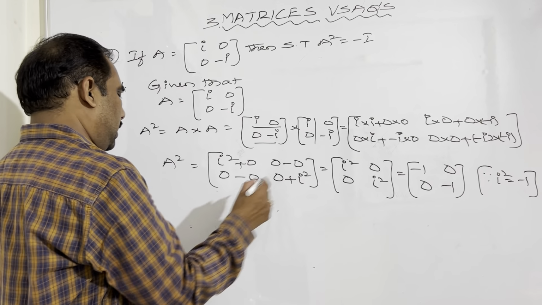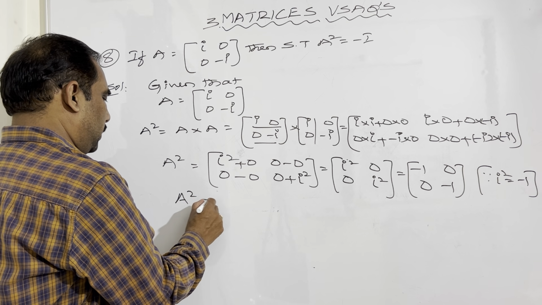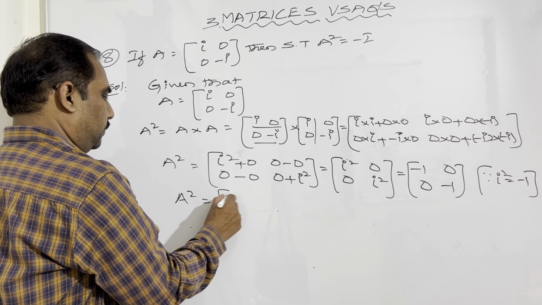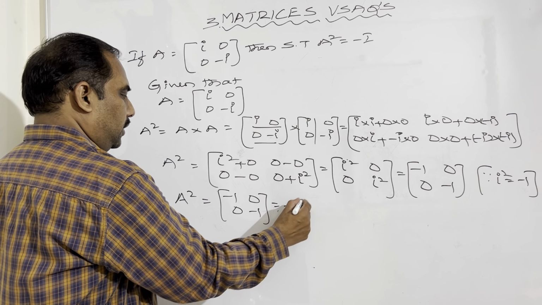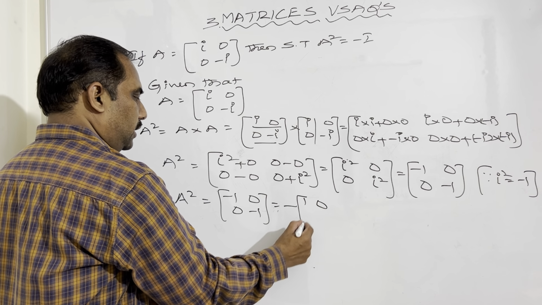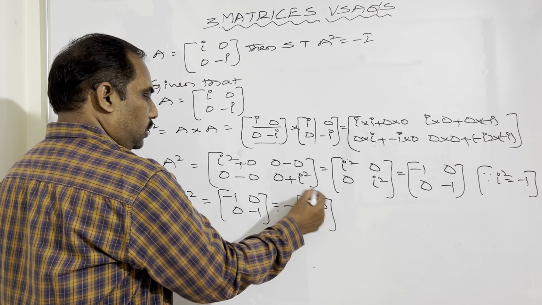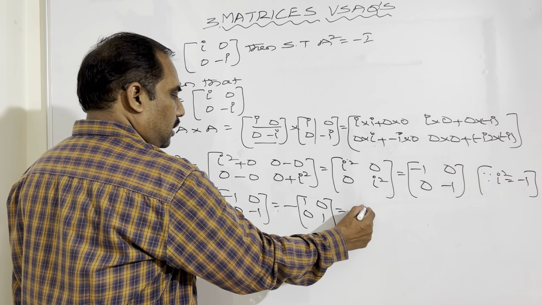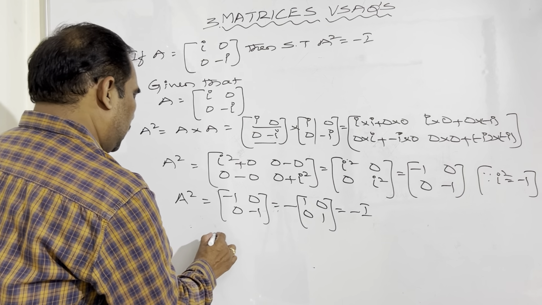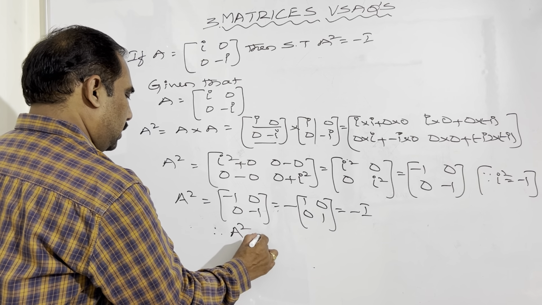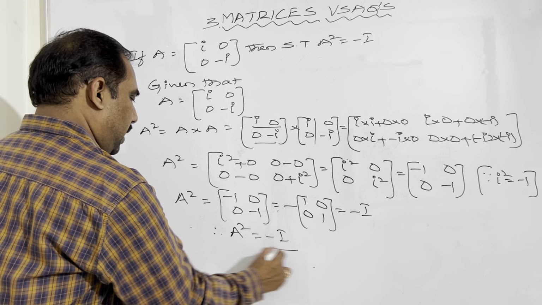So that's why A square is equal to minus 1 0 0 minus 1. If you take minus common, it can be written as 1 0 0 1. We know that 1 0 0 1 is the unit matrix, it is denoted by I only. So clearly we can show that A square is equal to minus I.